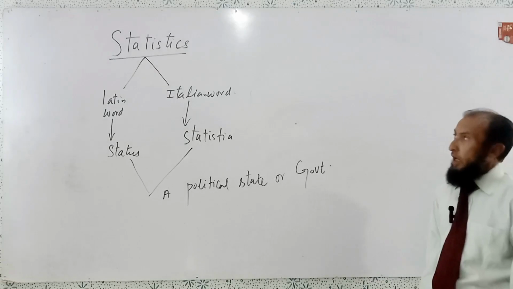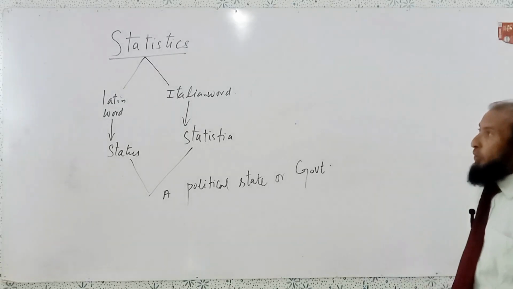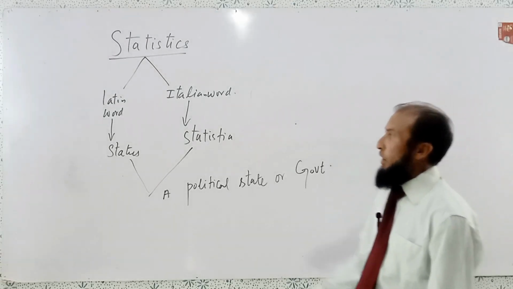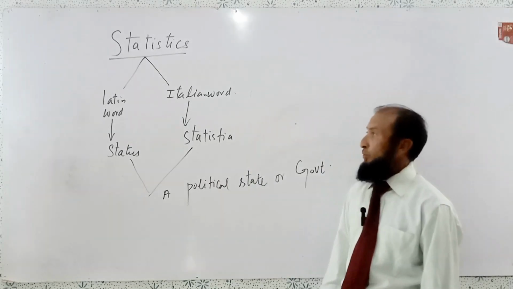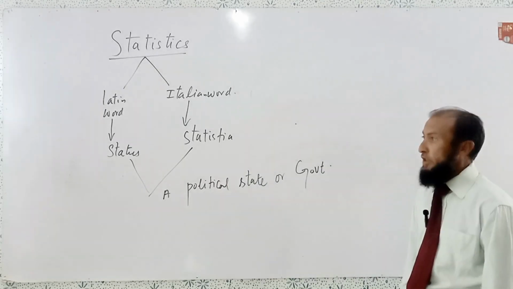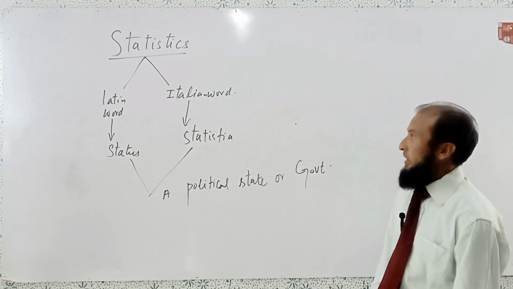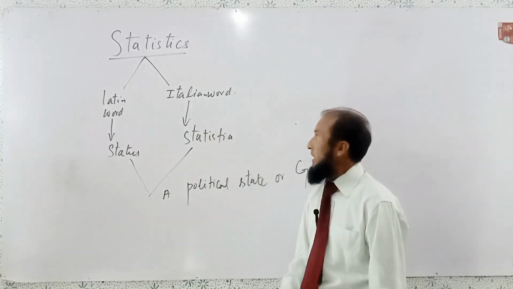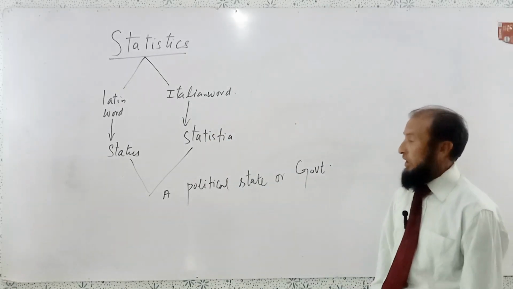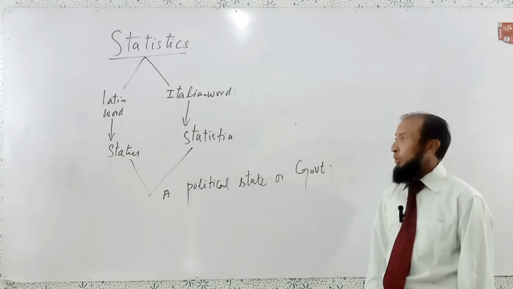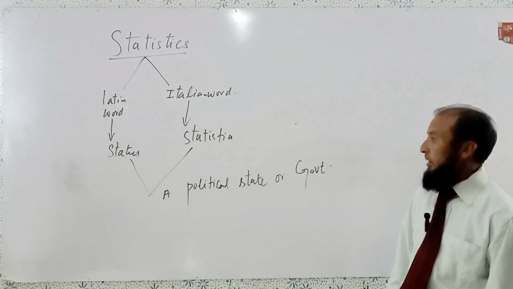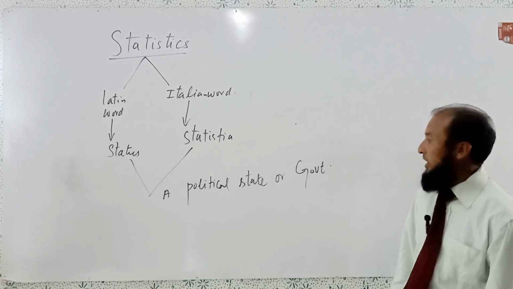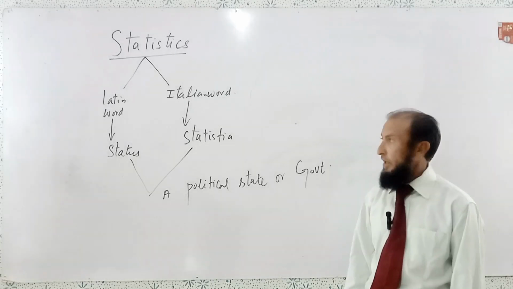Now once again I repeat it, the word statistic has been derived from two words. The first one is the Latin word status, and another is the Italian word statistia. Both of these words mean a combination of a political state or government.